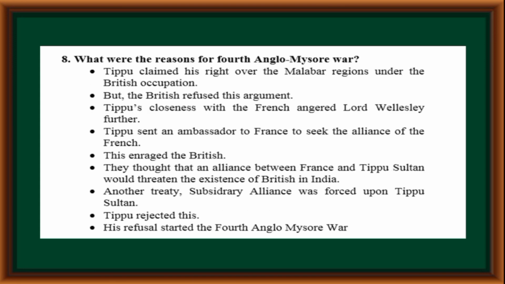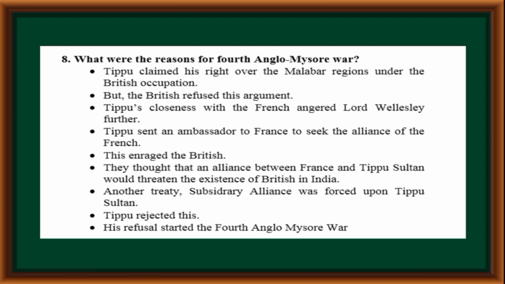What were the reasons for the Fourth Anglo-Mysore War? Tipu claimed his right over the Malabar regions under British occupation, but the British refused this argument. Tipu's closeness with the French angered Lord Wellesley further. Tipu sent an ambassador to France to seek the alliance of the French.